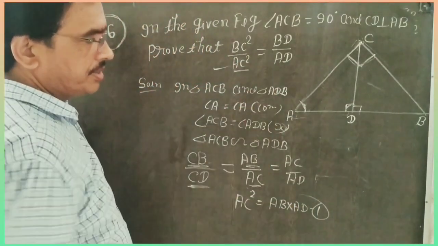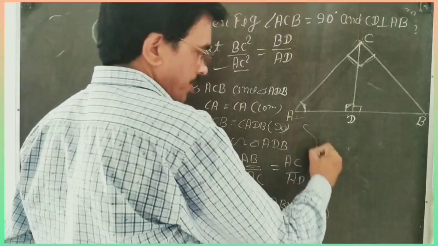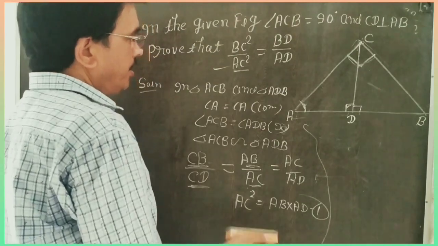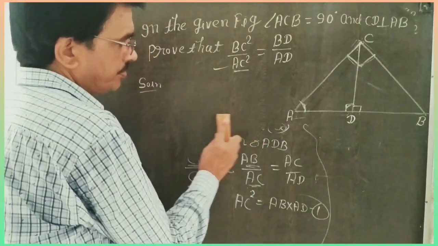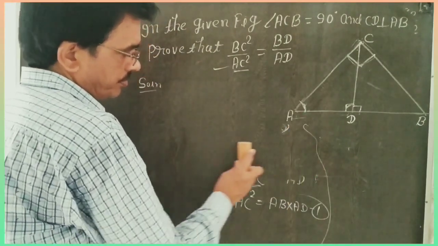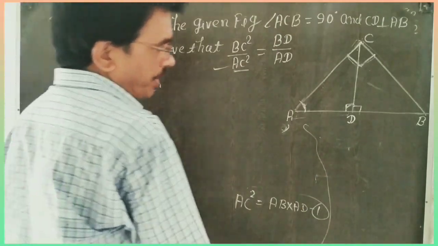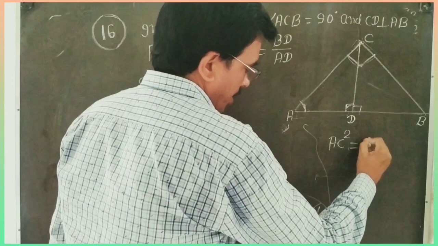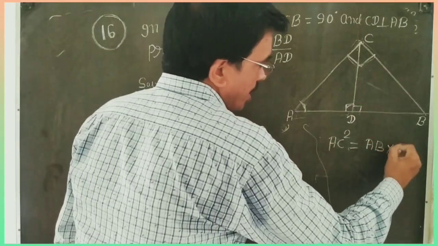That is the first equation: AC square is equal to AB into AD.